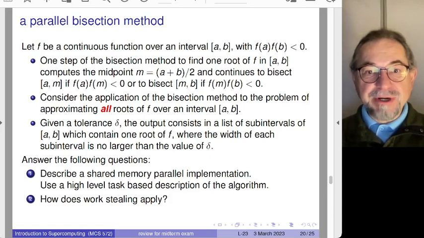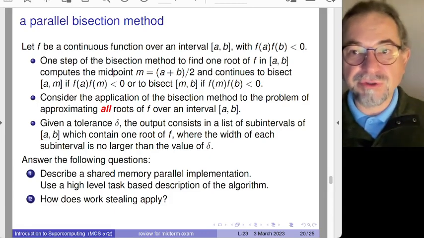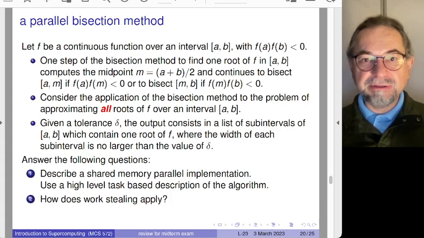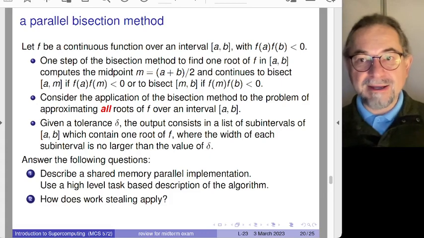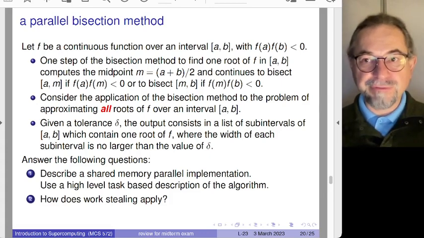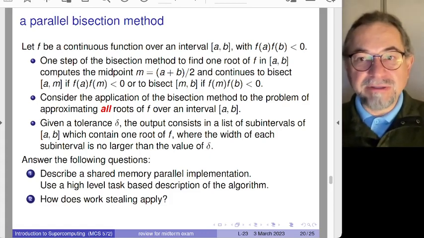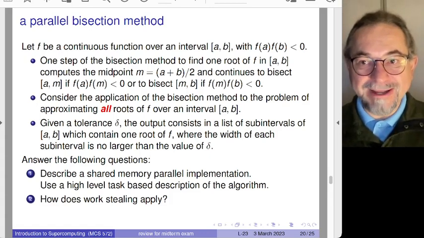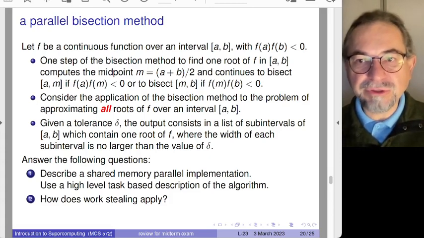So in a shared memory parallel computation, you could think of all the tasks that are generated. You could also think about the Fibonacci numbers. The generation of every subinterval can be done with a recursive algorithm, where the base case is when b minus a, the length of the interval, is less than the parameter delta.